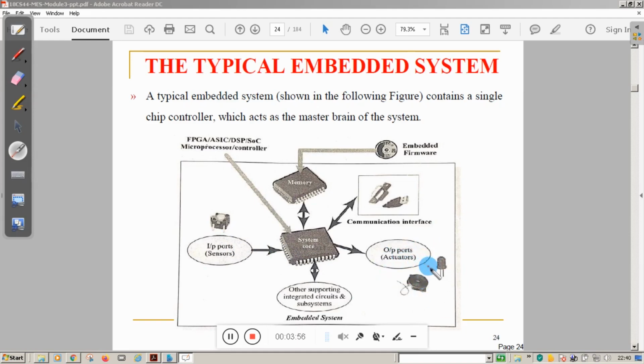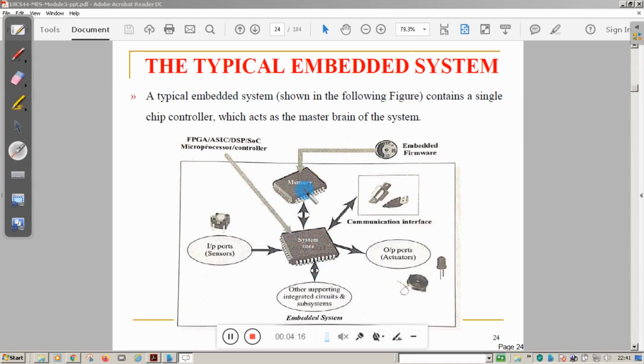Similarly, we can see here a small memory which is responsible for holding the controlling algorithm or logic. Based on this logic, this embedded system will work, along with other configuration details.